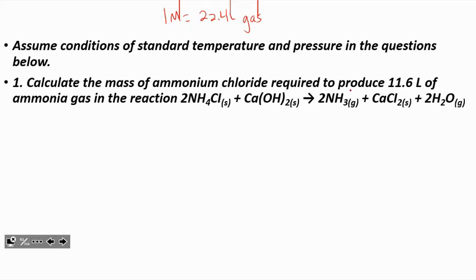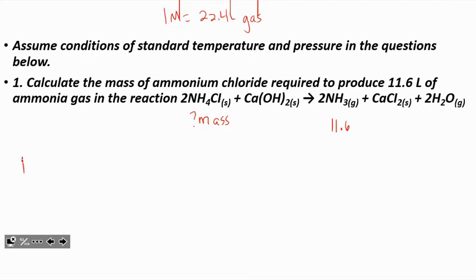We're trying to find out the mass of ammonium chloride, and we want to produce 11.6 liters of this gas in the process. So if we do that, we can go back and calculate how many moles there are of this gas here. Okay, so we need to figure out our moles of this gas.